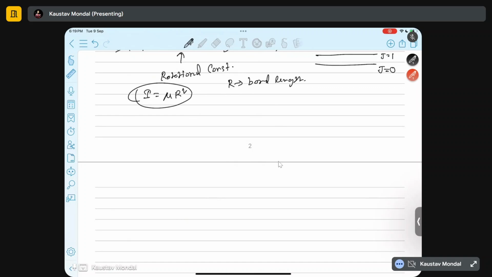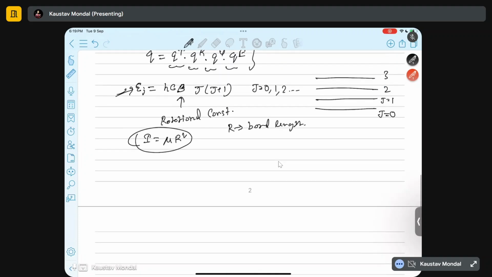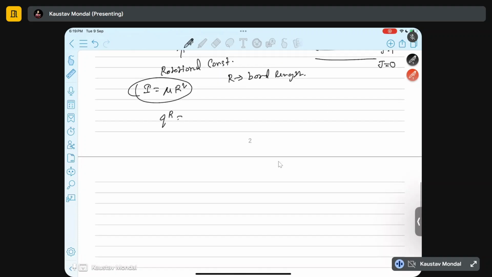Now our objective is to find the expression of the rotational partition function. In the expression of the rotational partition function, the sum over gj e to the power minus beta Ej, we put this expression of Ej. gj is the degeneracy.